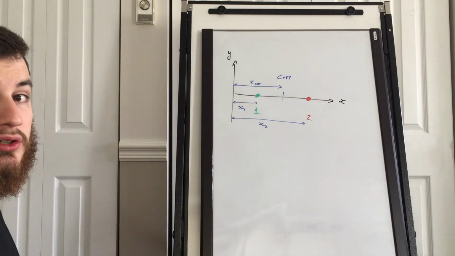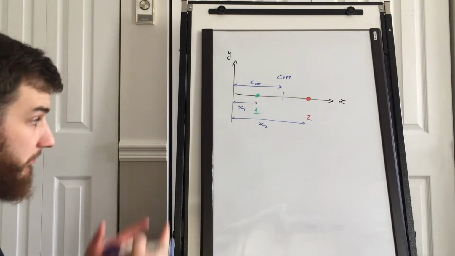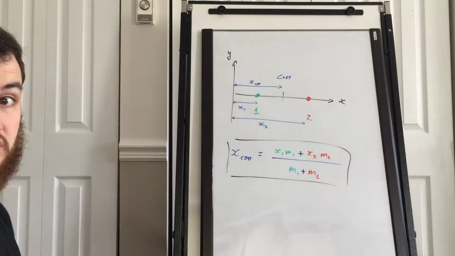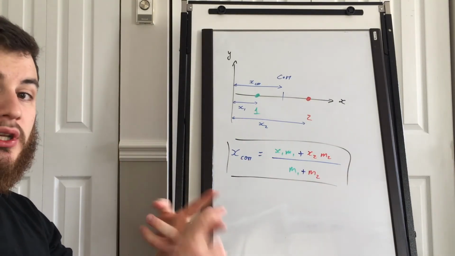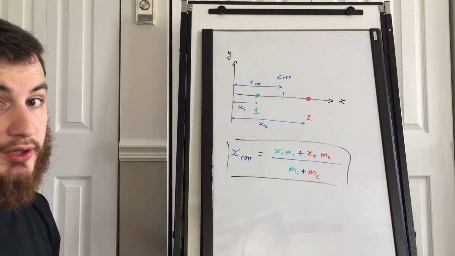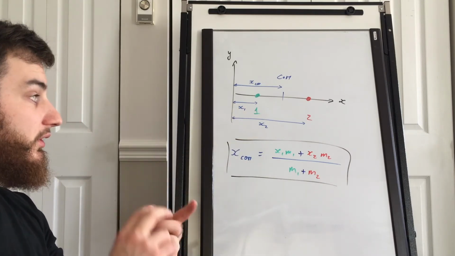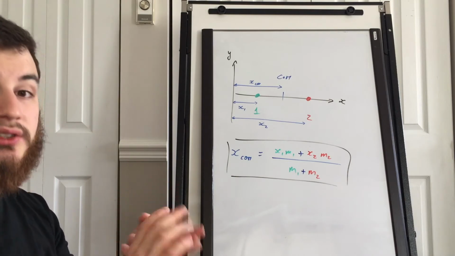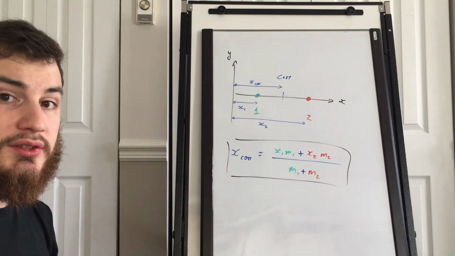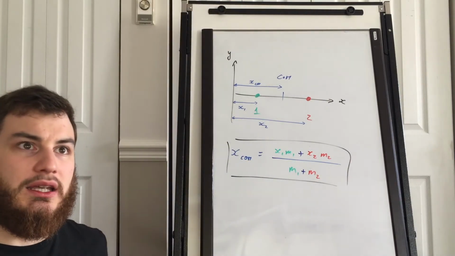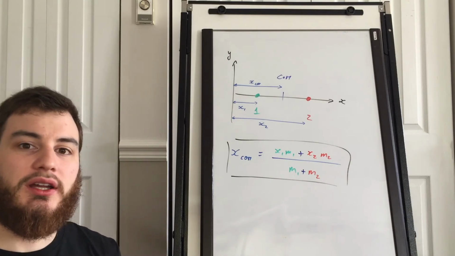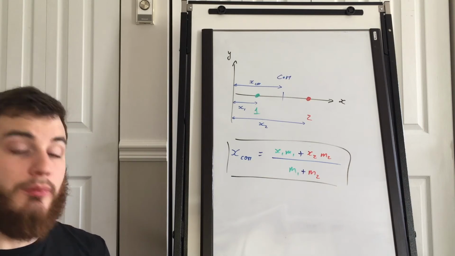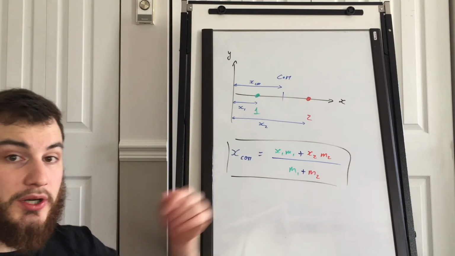The position of the center of mass is the product of the position and mass of particle 1, plus the product of the position and mass of particle 2, divided by the sum of the masses. If you wish, it's a kind of weighted, no pun intended, it's really the word, a kind of weighted average of the mass of the system of 2 particles.